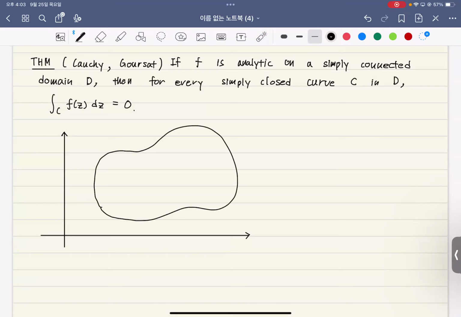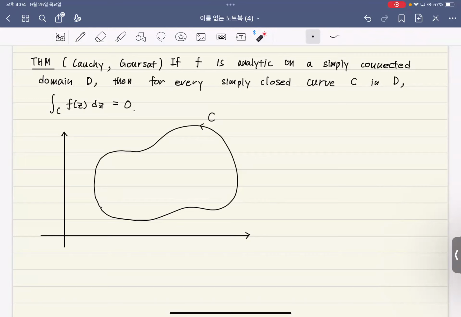I say this is my closed curve C, a simple closed curve C. Since my curve is simple closed, my curve C must be bounding some simply connected region that is contained in the simply connected domain D. The region enclosed by this curve I will call R.